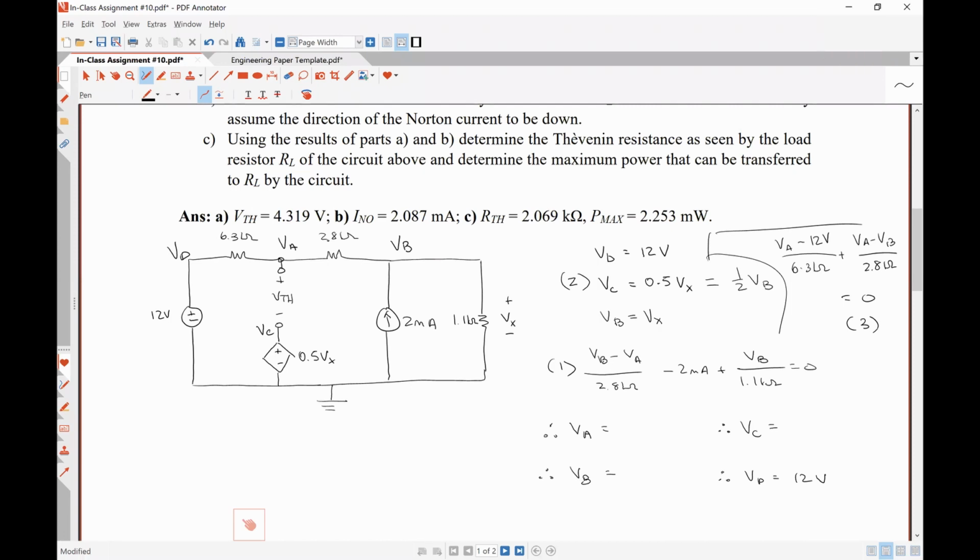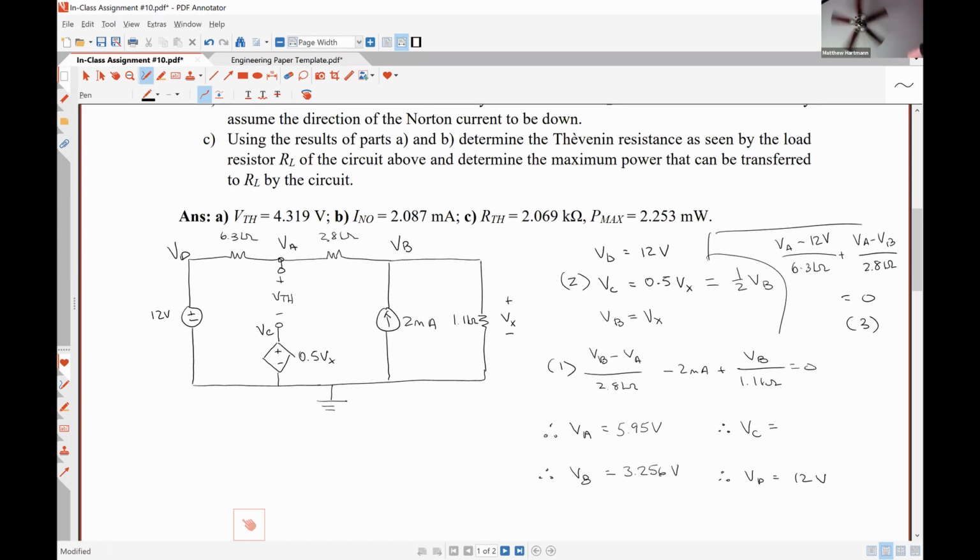Okay. I haven't double checked it yet, but for VA, I got 5.95 volts. Okay. And for VB, I got 3.256 volts. I may need to double check it though. Nope, those are right.